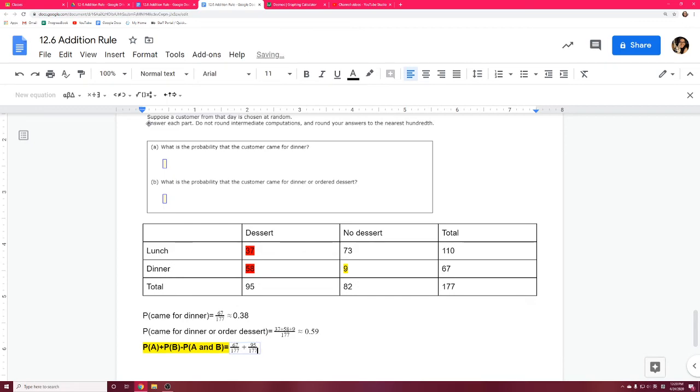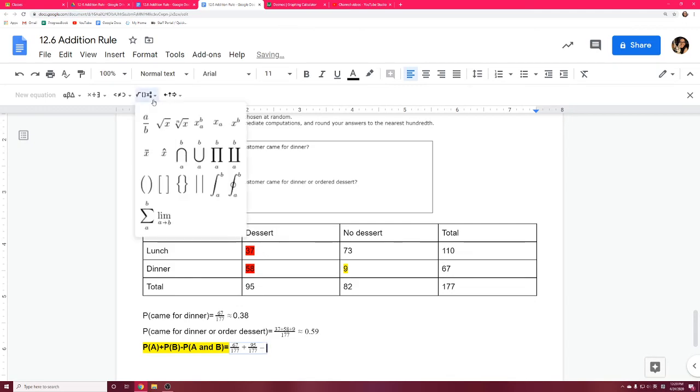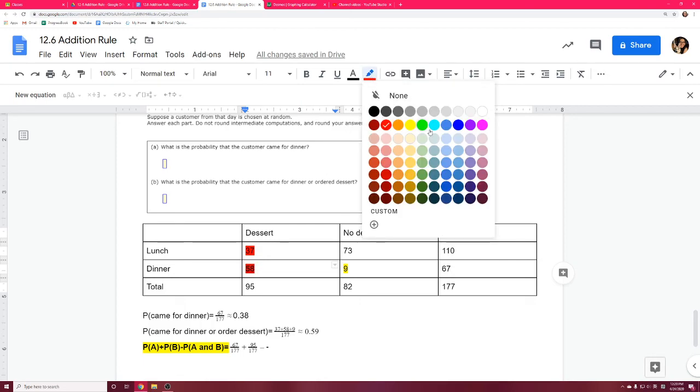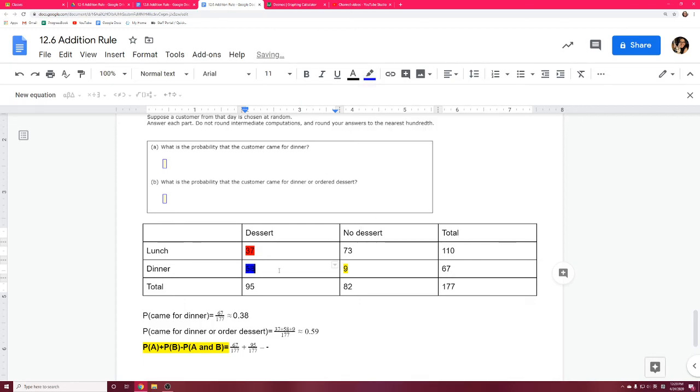Subtract the probability of A and B, come for dinner and also order dessert. Let's use blue, which is this number, 58 over 177. So basically we're using 67 plus 95 minus 58.